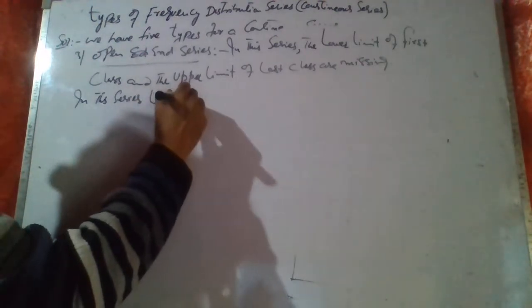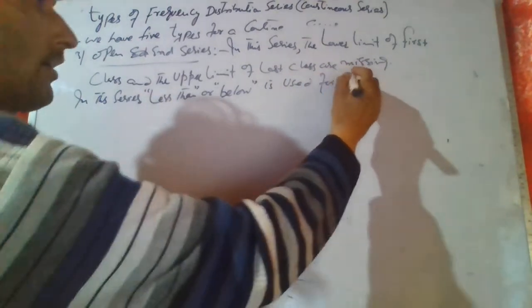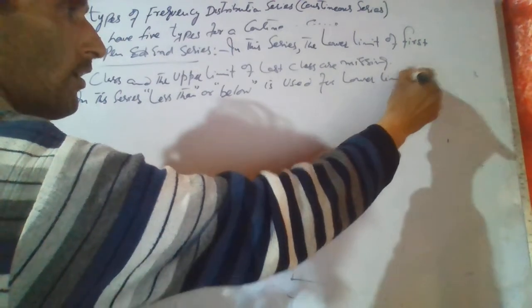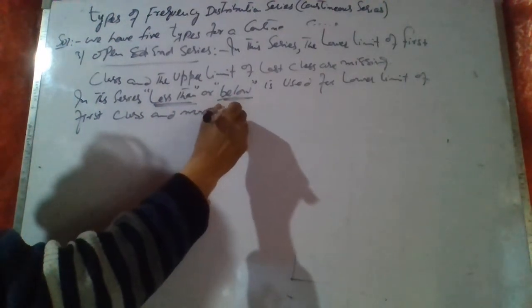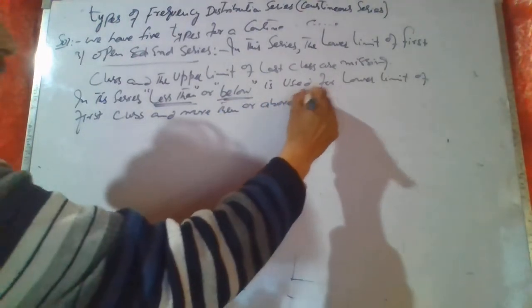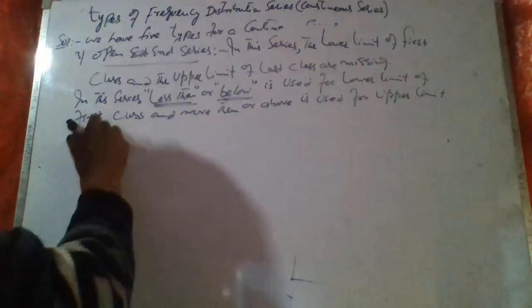In this series, you can see less than or below is used for the lower limit of the first class, and more than or above is used for the upper limit of the last class.